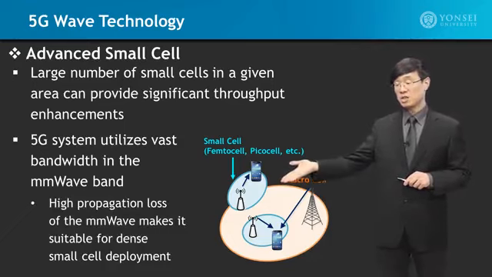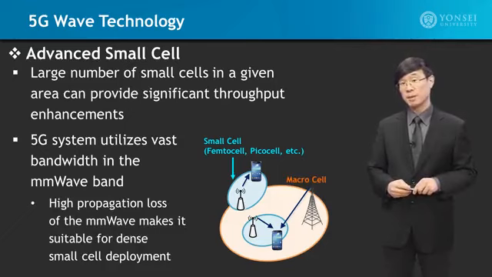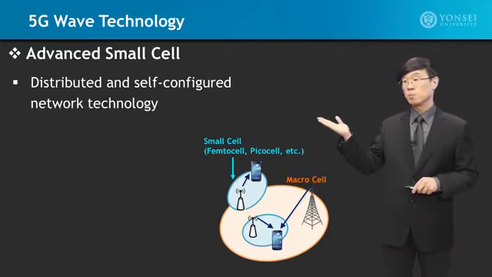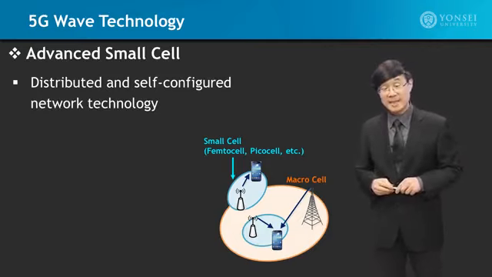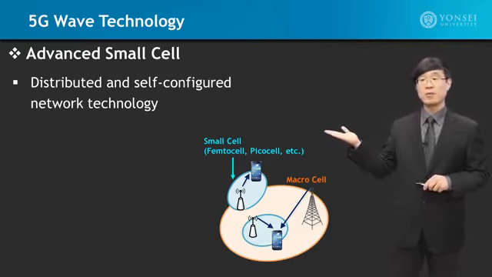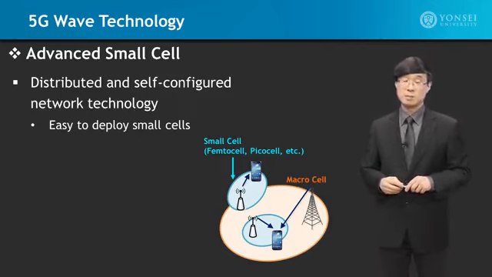High propagation loss of the millimeter wave makes it suitable for dense small cell deployments. So, distributed and self-configured network technology using SDN and NFV would be very effective here. And this would make it very easy to deploy small cells.